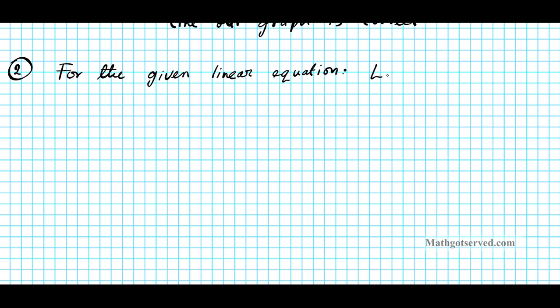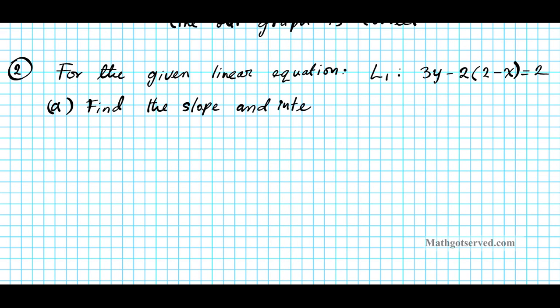Okay, so let L1 be defined by the equation 3y minus 2 times the quantity 2 minus x equals 2. We're going to do the following. We're going to find the slope and intercepts, the x and y intercepts.